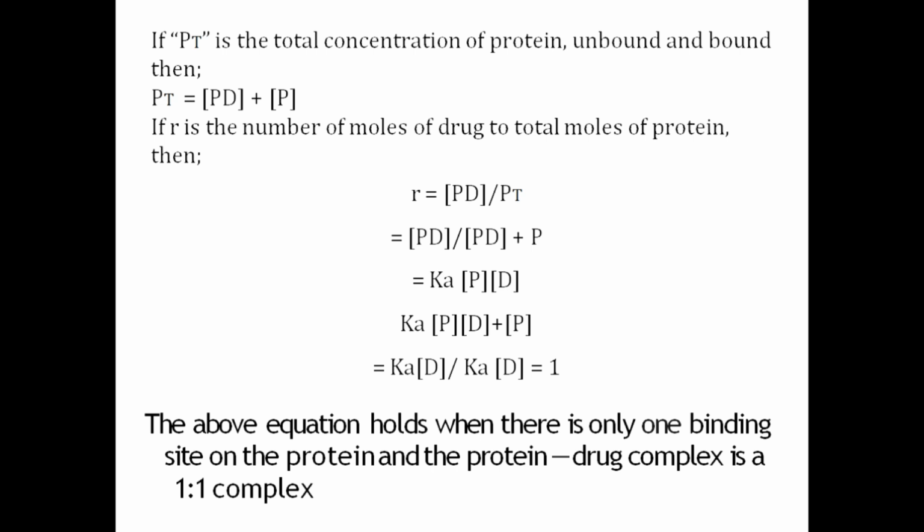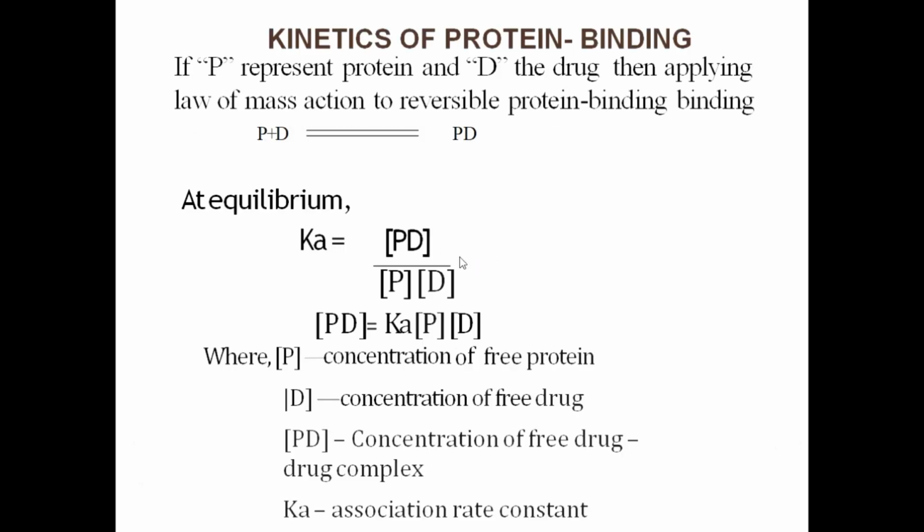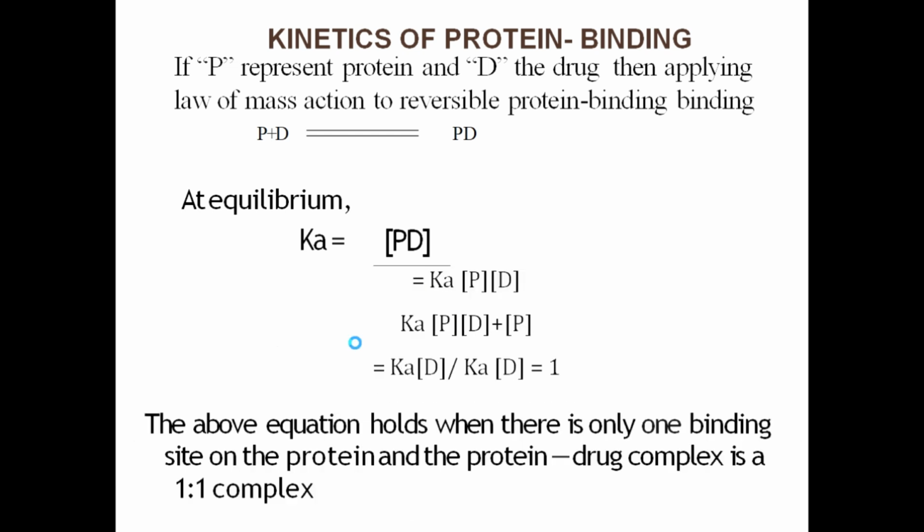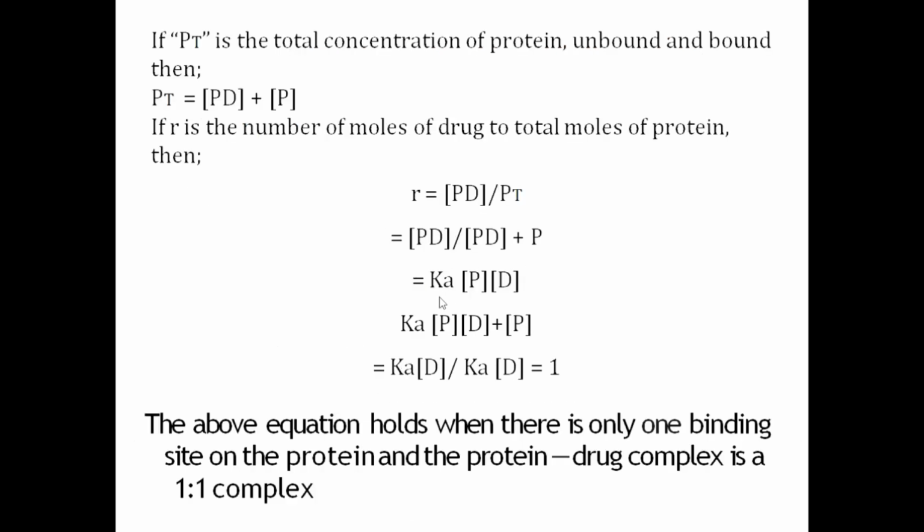On rearranging the equation, we get PD upon PD plus P. How can you get this equation? With the help of putting the value of this PD into this equation. Then again PD equals Ka times free protein times free drug.